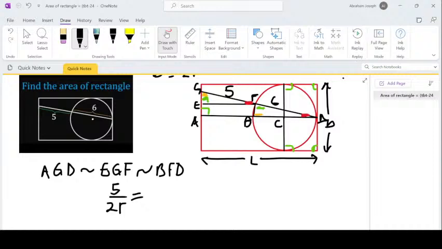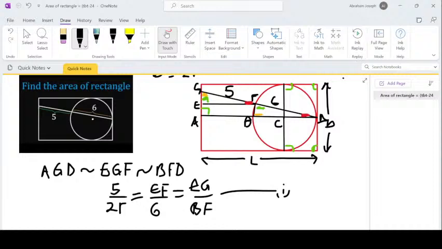The yellow angle is facing EF, so EF over 6, because the yellow in that triangle is facing 6. Let's take another one, equal to the red. In EGF, the red angle is facing EG, so EG over BF, where the red angle is facing BF there. Let's call this equation 1.